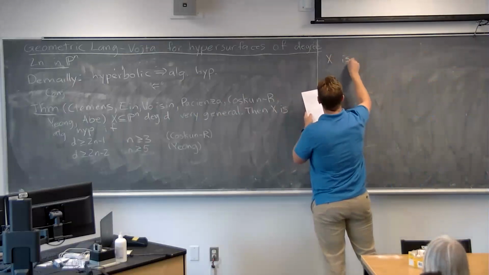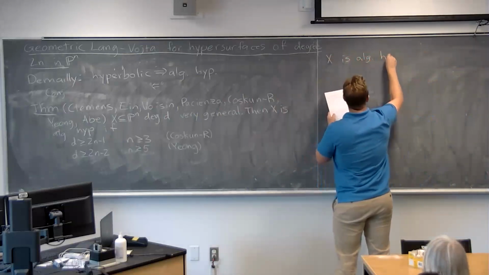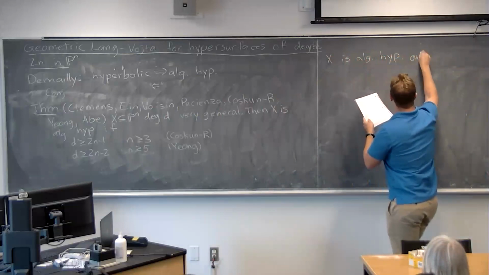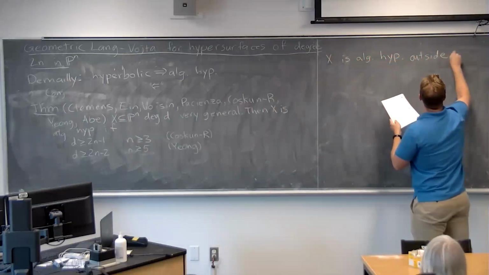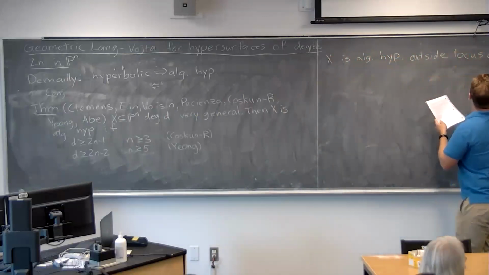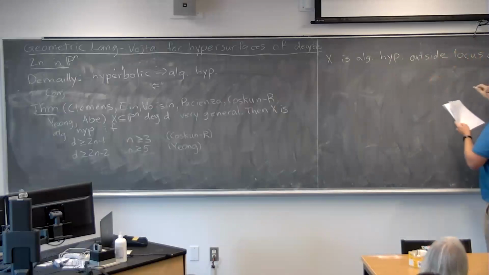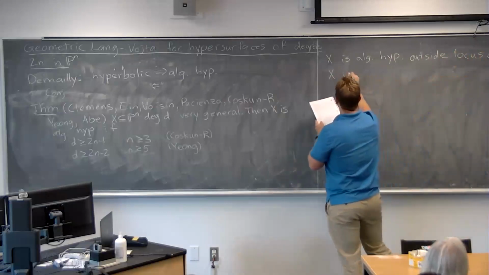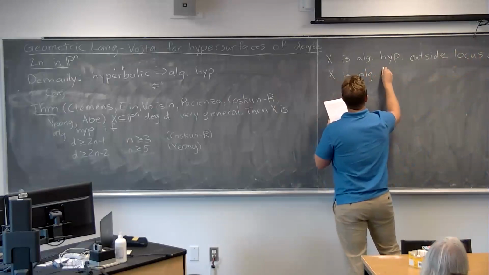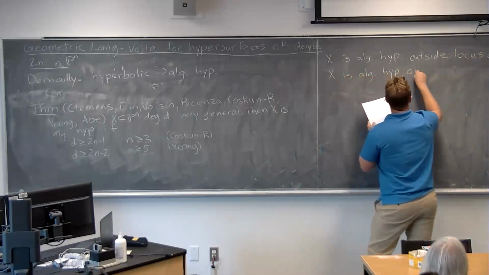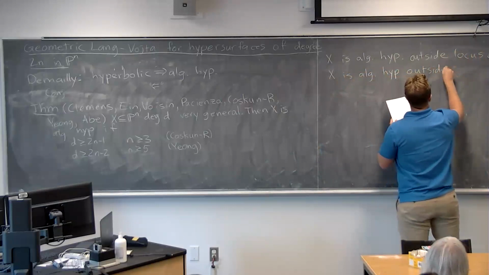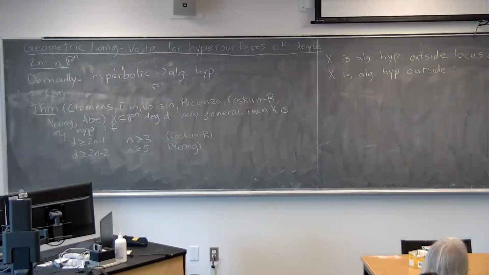So we say X is algebraically hyperbolic outside the locus of lines if D is at least (3n plus 1) over 2. And X is algebraically hyperbolic outside, actually, I'm just going to write approximately, I don't swear by this plus 1.